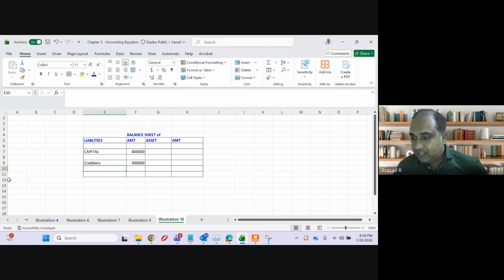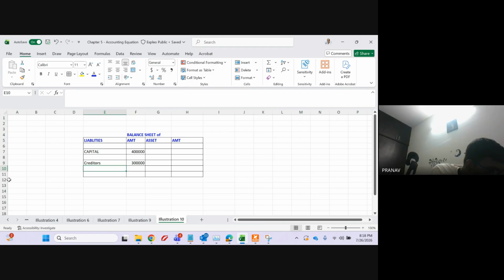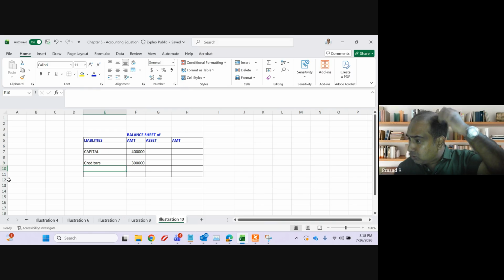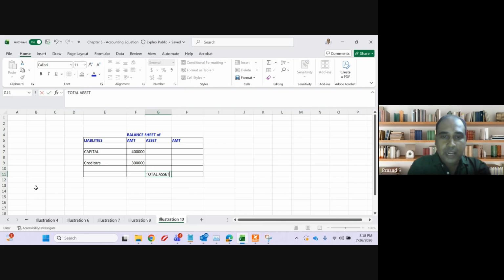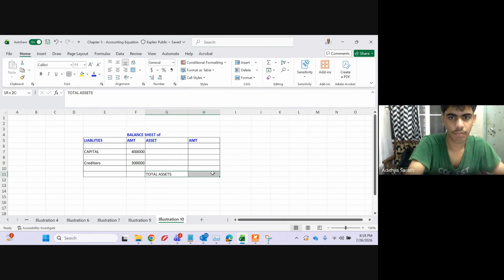Expenses incurred during the period is 2 lakh. Value of unsold stock is 2 lakh rupees. And what are they asking us to calculate? Calculate total assets of the business. This is our objective, guys.